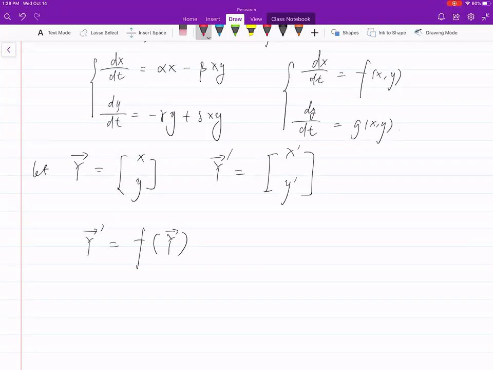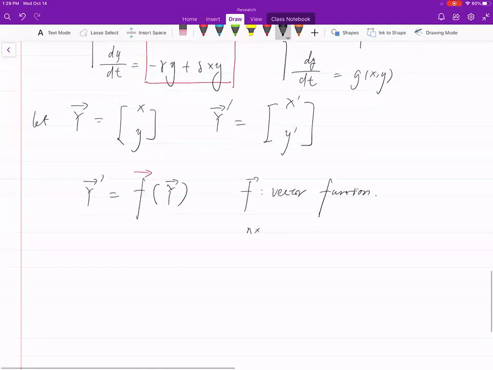Where everything here depends on both x and y, therefore it depends on the vector capital Y, both x and y. Meanwhile, this one has two values, one for top, one for the bottom, so you need to put a vector here. So this becomes a vector function. It takes an n by 1 vector, it produces an n by 1 vector.